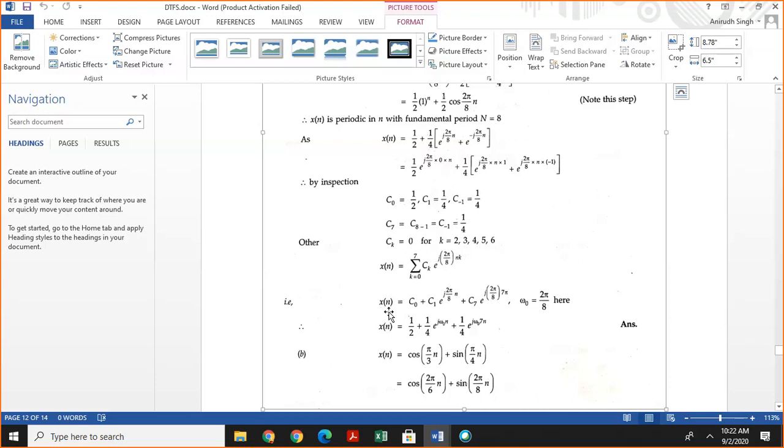So x of n is written as c naught plus c1 exponential j 2 pi by 8 n plus c7 exponential j 2 pi by 8 7 n, and if we substitute the values of c naught, c1 and c7, we get this.